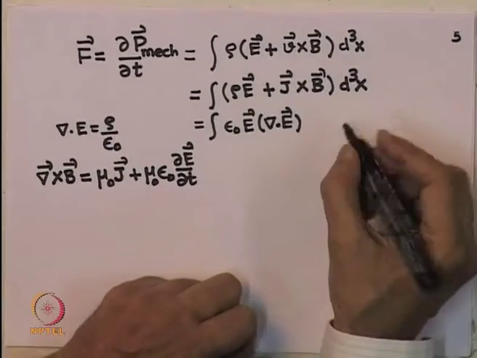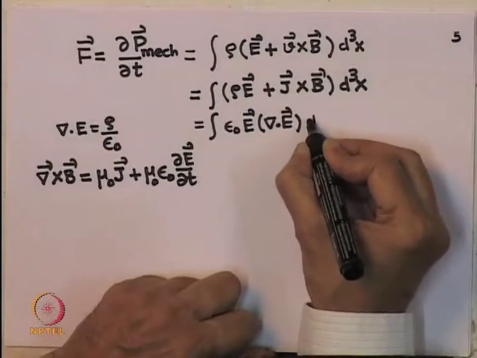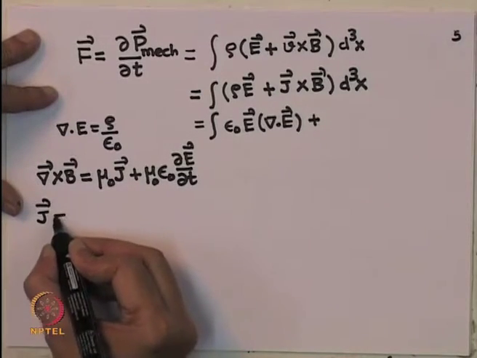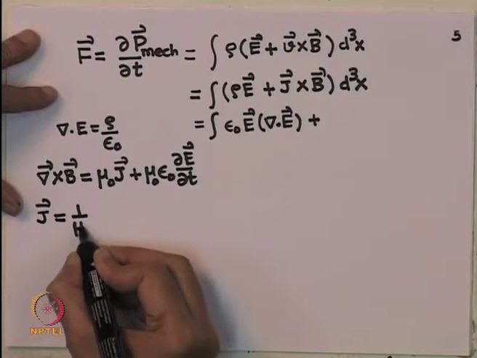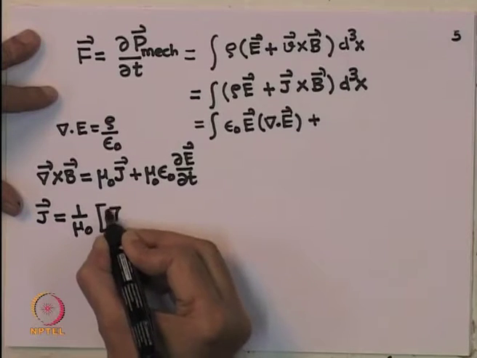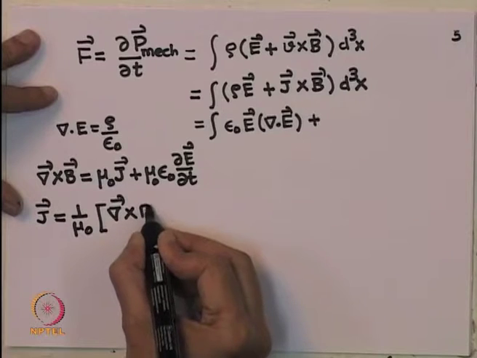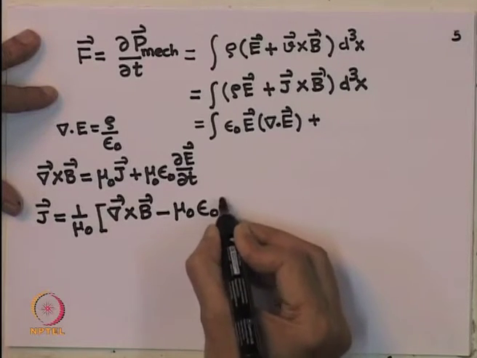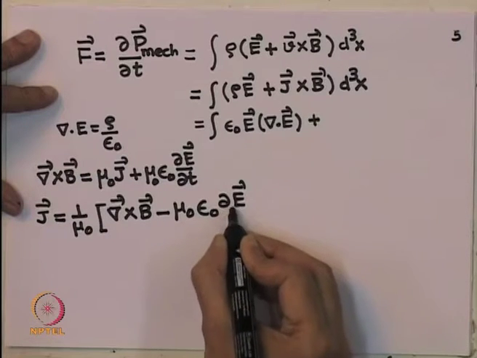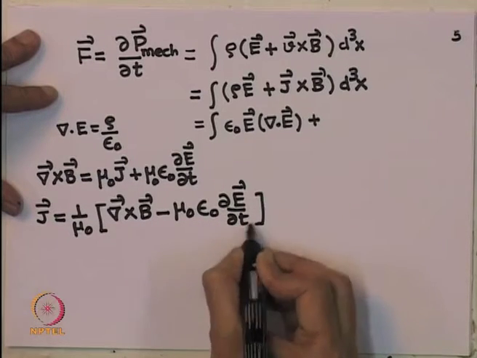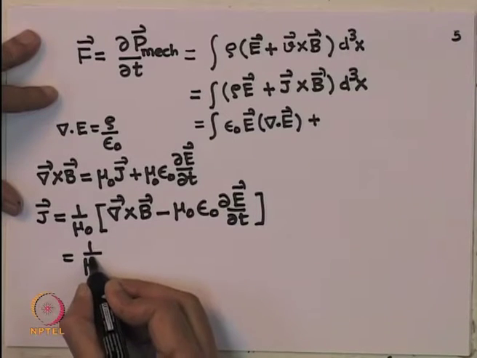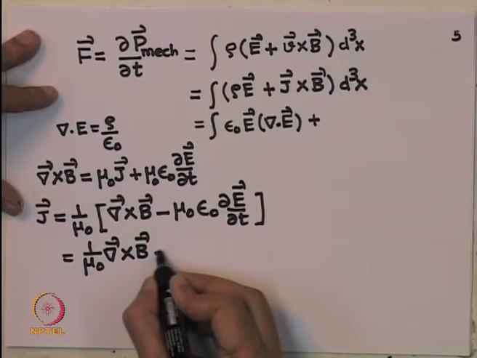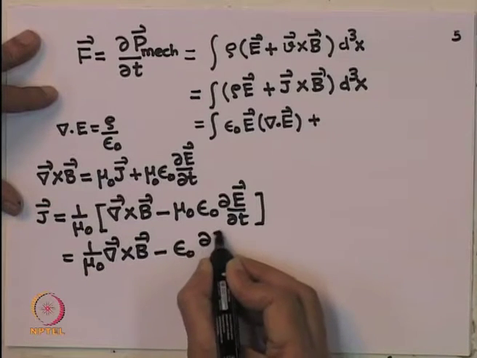So, J is 1 over mu 0 del cross B minus mu 0 epsilon 0 dE by dt, which is 1 over mu 0 del cross B minus epsilon 0 dE by dt.